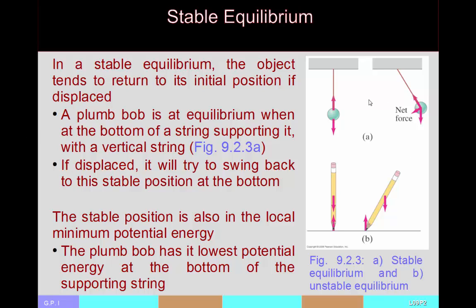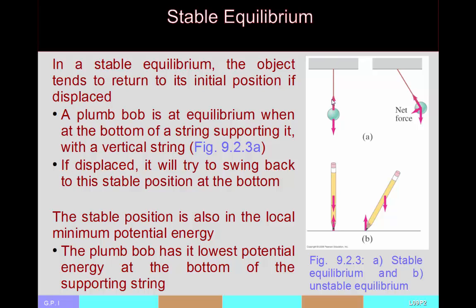So let's look at a diagram that sort of contrasts between stable and unstable equilibrium. So if you have a stable equilibrium position, then you're acting more or less like this pendulum. So the pendulum here is in equilibrium.